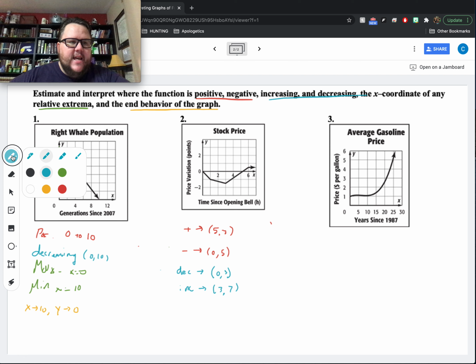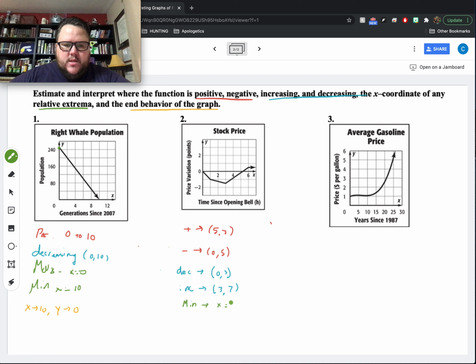Next thing we're going to look at is extrema. So we have a min at x equals 3. If you notice, it's a min. And our max at x equals 6.